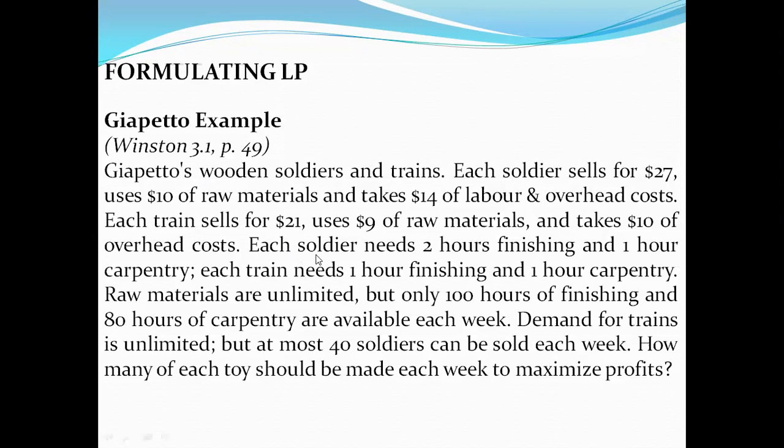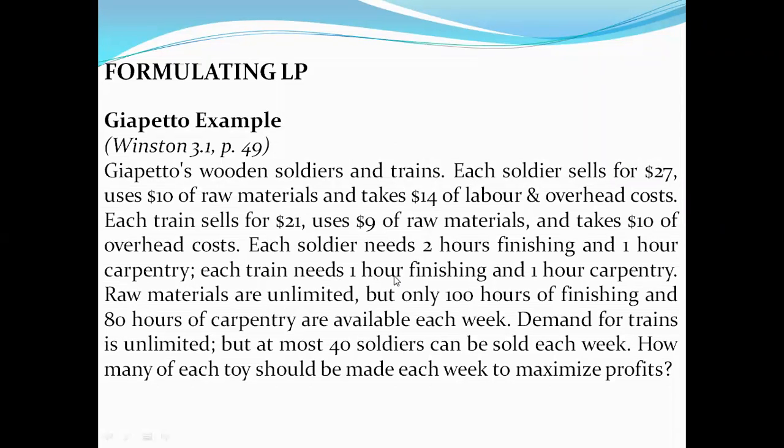So each soldier needs 2 hours of finishing and 1 hour of carpentry. For carpentry work, we obtain wood as logs, and the logs need to be converted into input material, which is processed by the labor to obtain a finished shape. So the soldier needs 2 hours finishing and 1 hour carpentry, that is 3 hours at two stages.